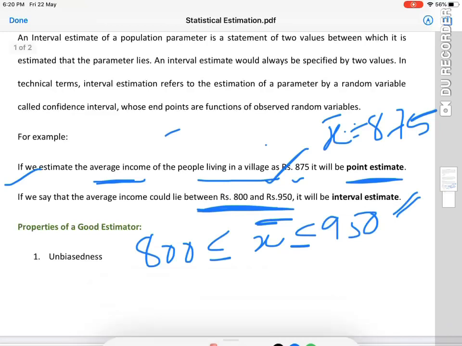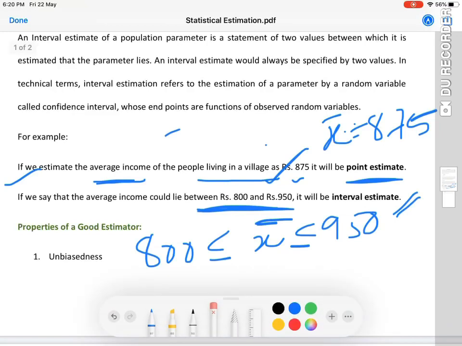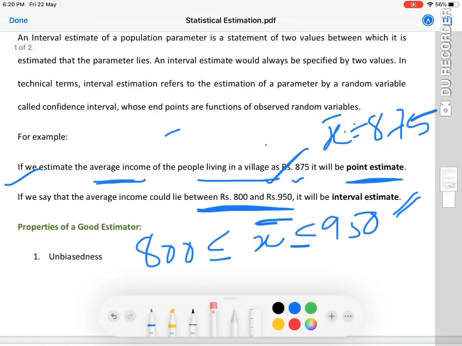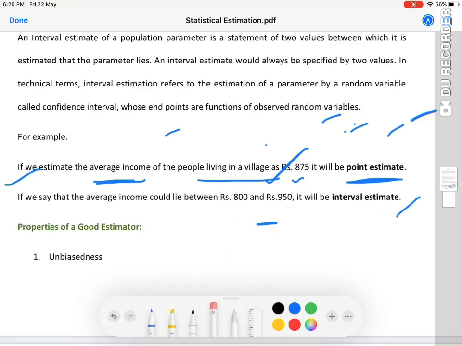Okay, now let us see the properties of a good estimator. Now you know estimation is important. We have calculated probabilities and we have given estimates, right? So what should be the characteristics of a good estimate? The first one is that the estimator should be unbiased. It should show the characteristics of unbiasedness. That means what?